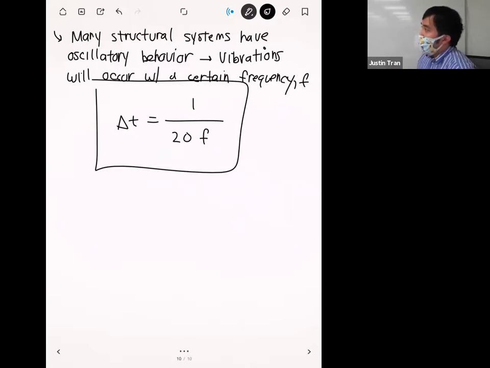Okay. And so what this basically says is that the frequency tells you how long it's going to take for one full oscillation or one full vibration to occur. And so by making the time step size this, we make sure that we capture 20 frames of that vibration.